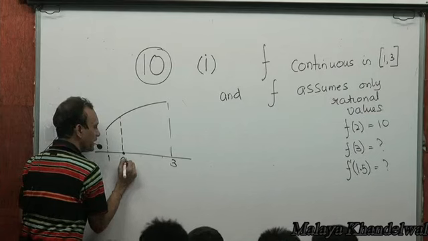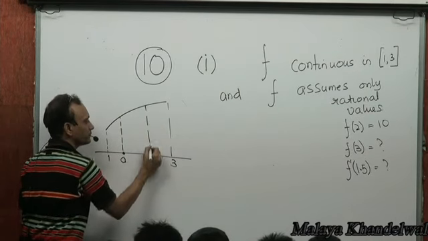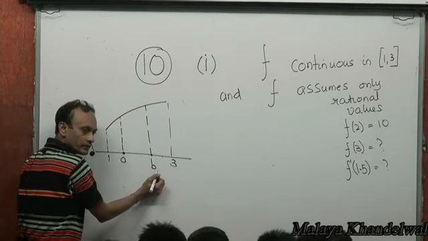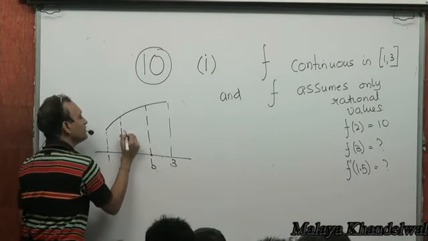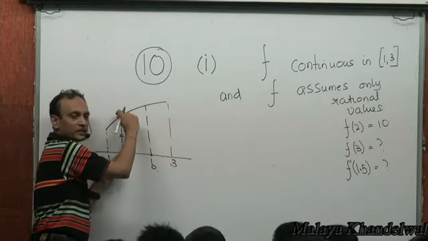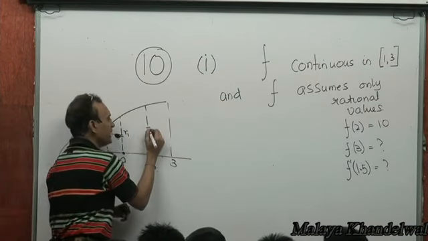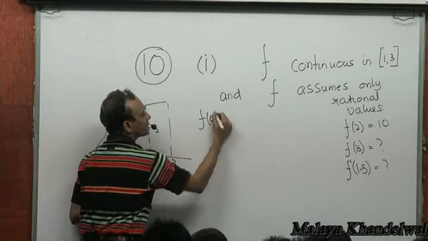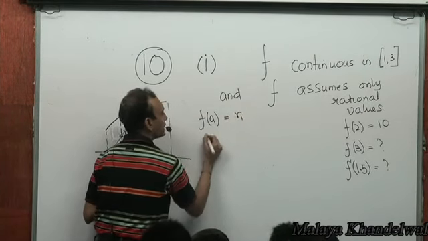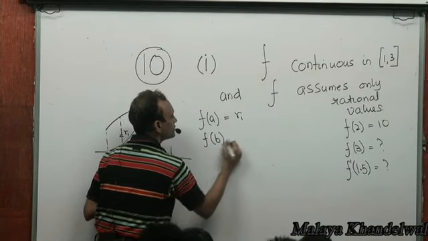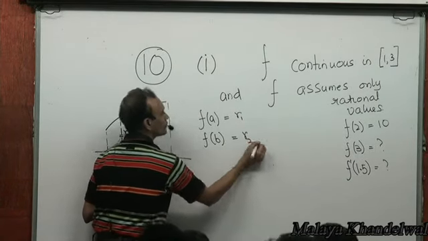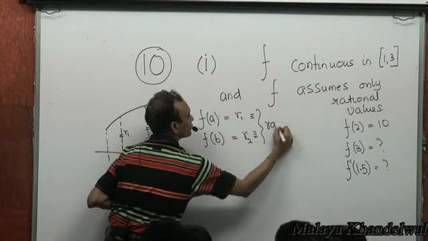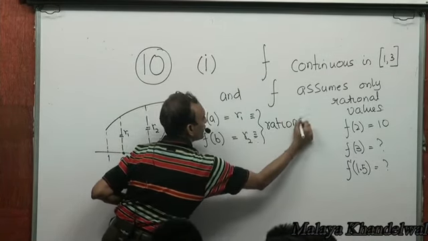Say x equal to a and x equal to b. Fa is a rational number R1 and Fb is a rational number R2, because it assumes only rational values.